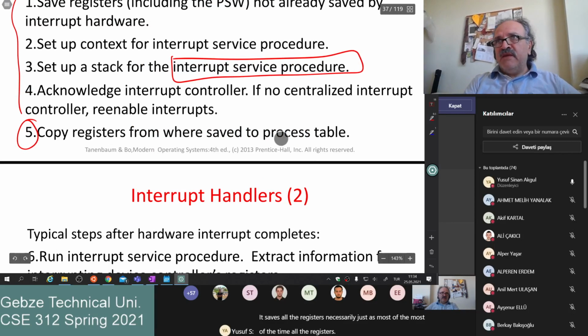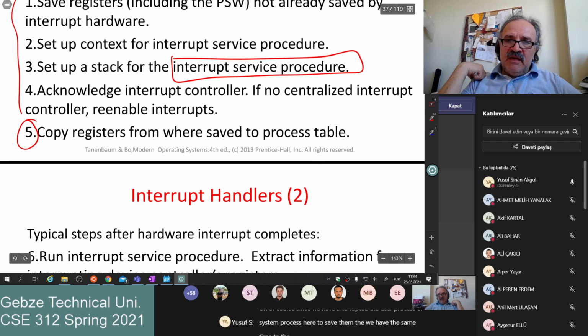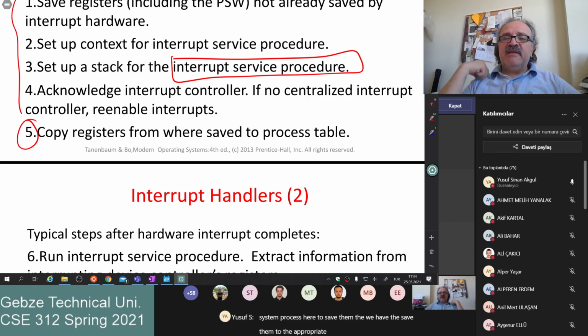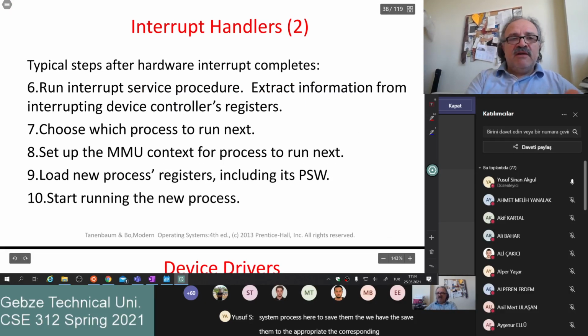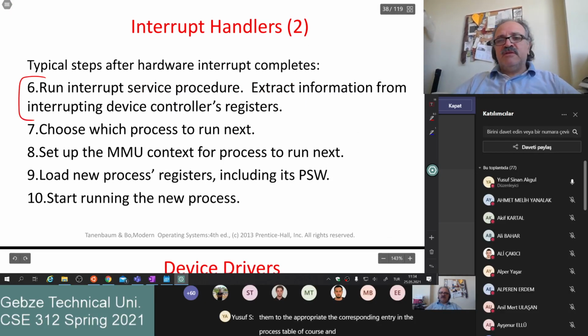Of course, since we have interrupted a user process or a system process, we have to save them to the corresponding entry in the process table, and then we run our interrupt service, whatever it is.